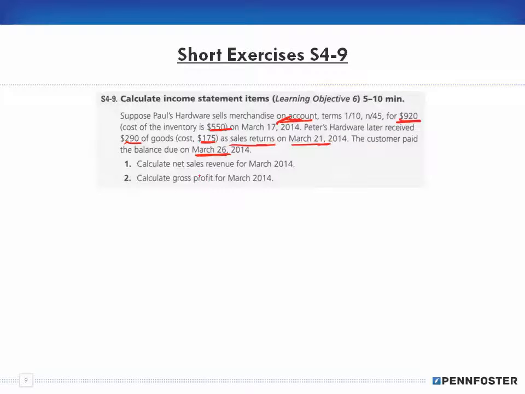Since we're talking about a lot of dates, it's always helpful to set up a timeline so that you can see where you're at in the process. It says here that he sells merchandise on account. If he's selling on account, that means we're talking about accounts receivable here, with terms. So on 3/17 he makes the sale for $920.